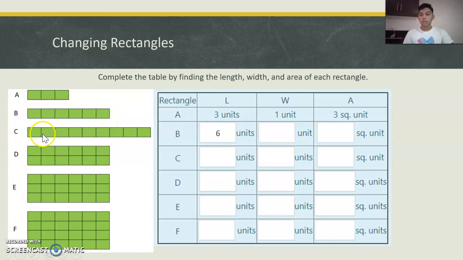For C, the length is 9. For D, E, and F, the length is still 6. What about the width?